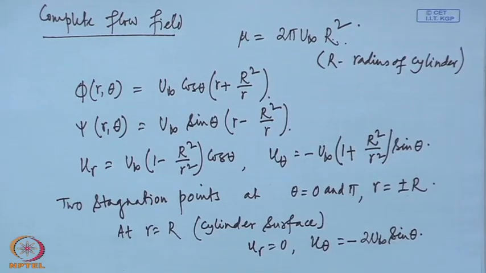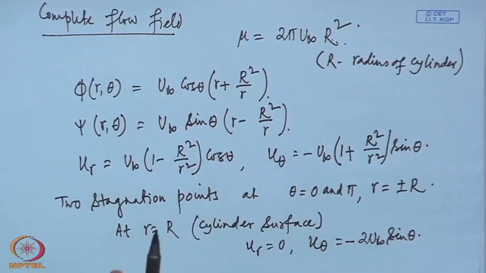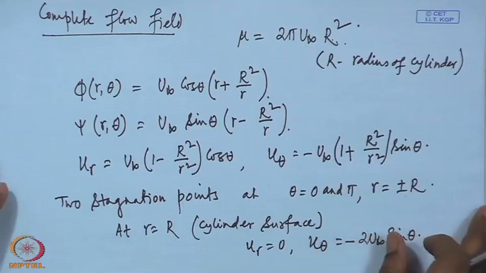Let us now find the pressure on the surface of the cylinder. At any point in the flow field, of course, you can find it using these u r and u theta, but it is more important to find them on the surface of the body. So, we will find pressure on the surface of the body.